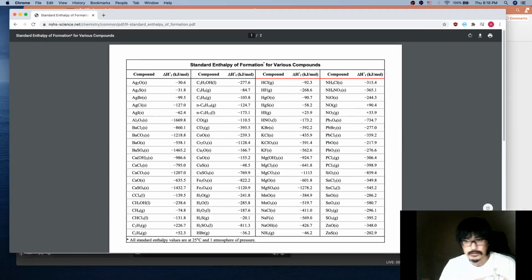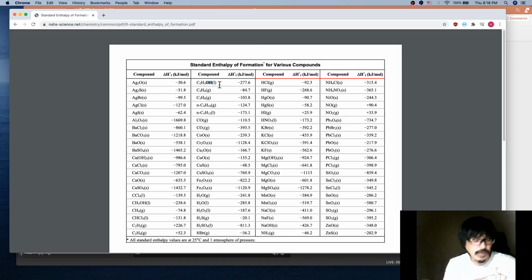For example, if you are interested in making ethanol from pure carbon, that's graphite, pure hydrogen in the gas phase, and pure oxygen, how much energy do I need to make one mole of liquid ethanol?